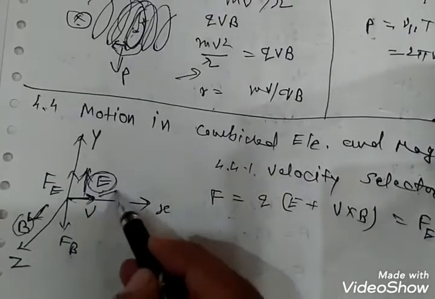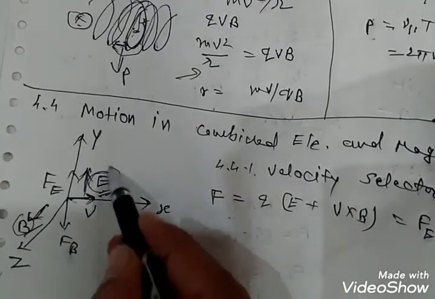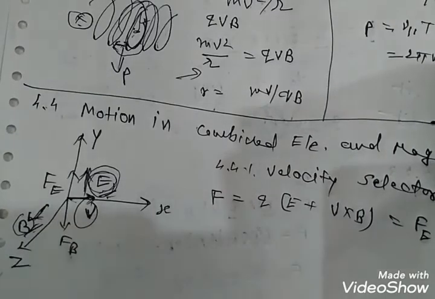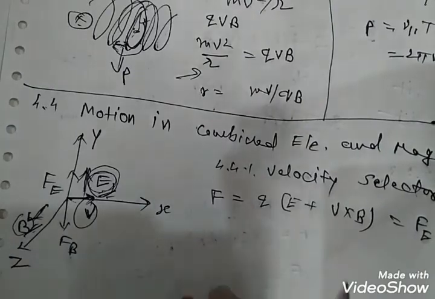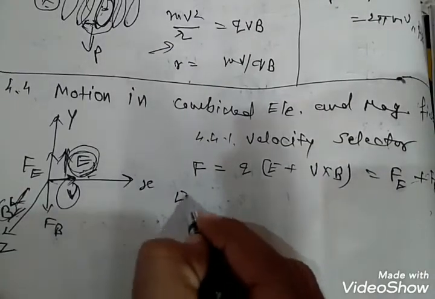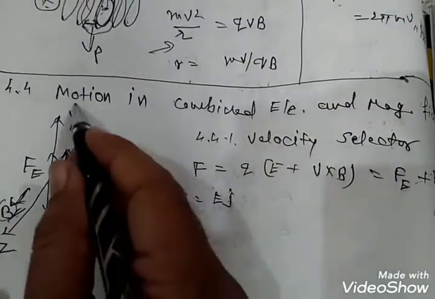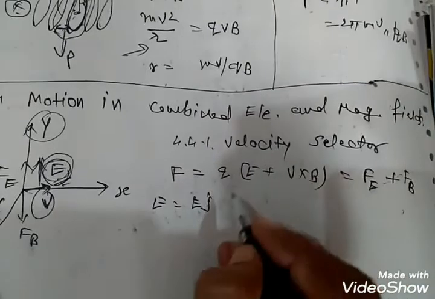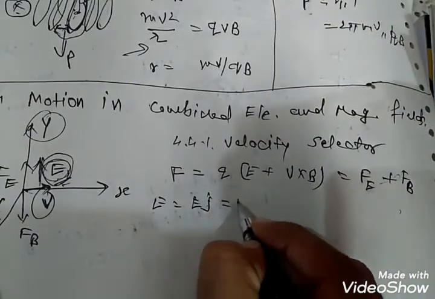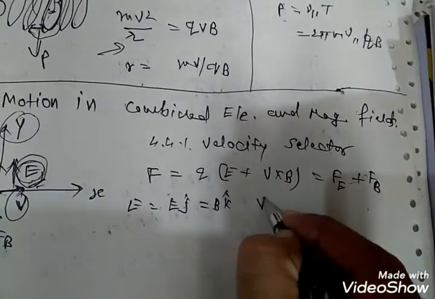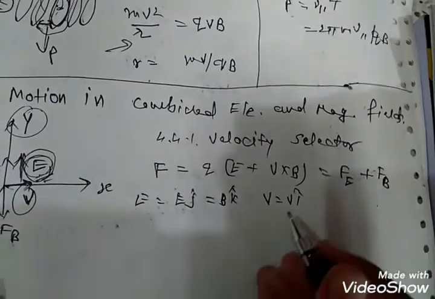So E is equal to E j cap, B is equal to B k cap, and v is equal to v i cap.